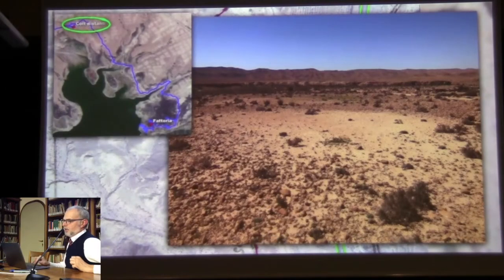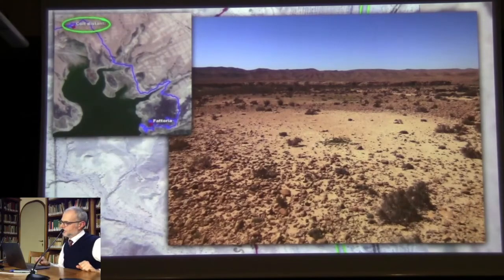So what we found in the ancient cultivation: we found this area with very fine sand bordered with rocks, which is a technique for cultivation. From the satellite it appears as a very white area with a very geometrical shape.